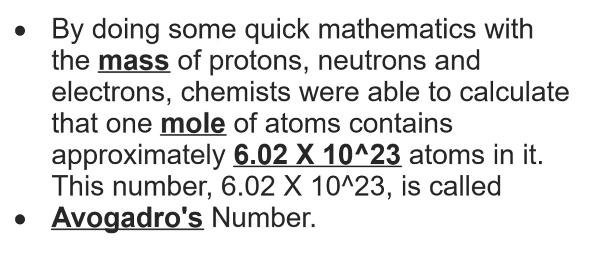By doing some quick math with the mass of protons, neutrons, and electrons, chemists were able to calculate that 1 mole of atoms contains approximately 6.02 times 10 to the 23 atoms in it. This number, 6.02 times 10 to the 23, is called Avogadro's number.